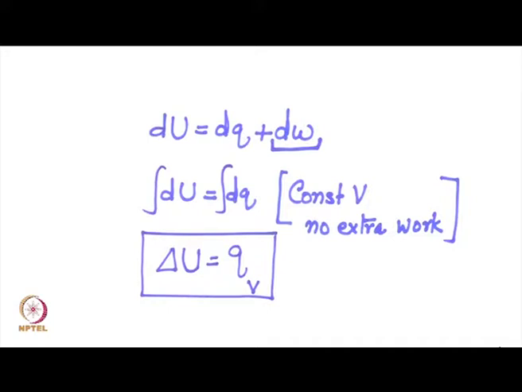The heat supplied to a system at constant volume is equal to change in its internal energy. So, experimentally if we want to determine the change in internal energy, one way of finding it out is by measuring the heat supplied to system provided the volume is kept constant.